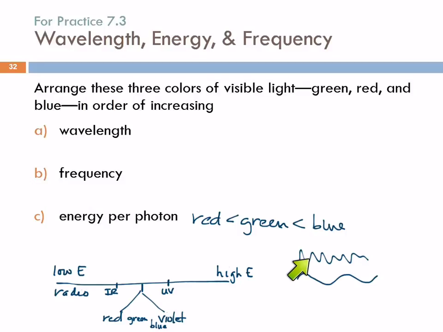Short wavelength is high energy, and this is low energy. So if it was high in energy, it's got a short wavelength. For the wavelength, the order is reversed. Blue is the short wavelength, green is longer, and red is the longest wavelength.